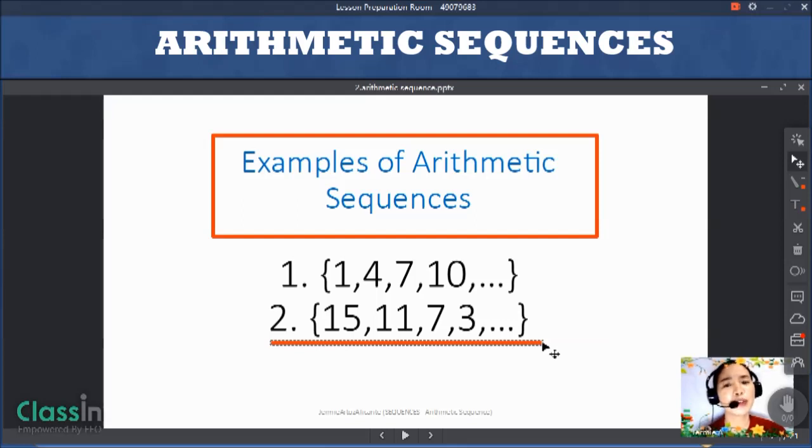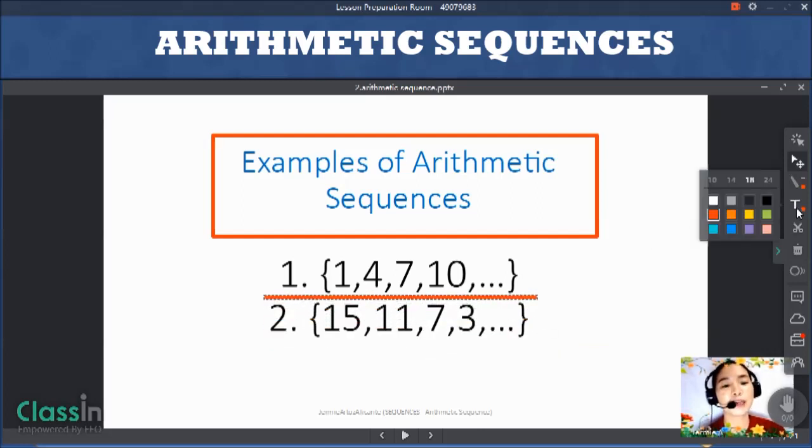What have you observed about these two examples? Correct. The first one has terms which are increasing in value, while the second one has terms which are decreasing in value.